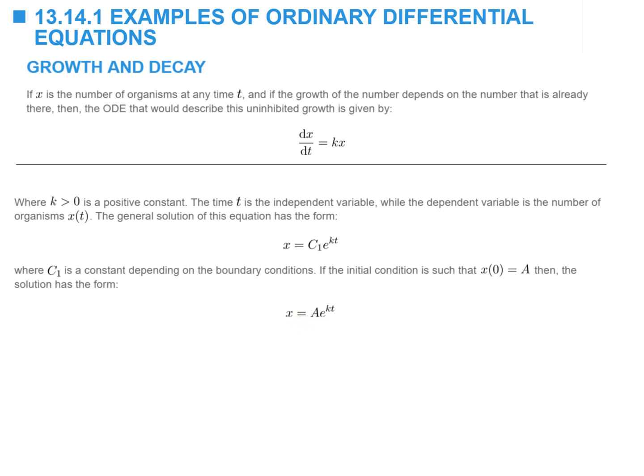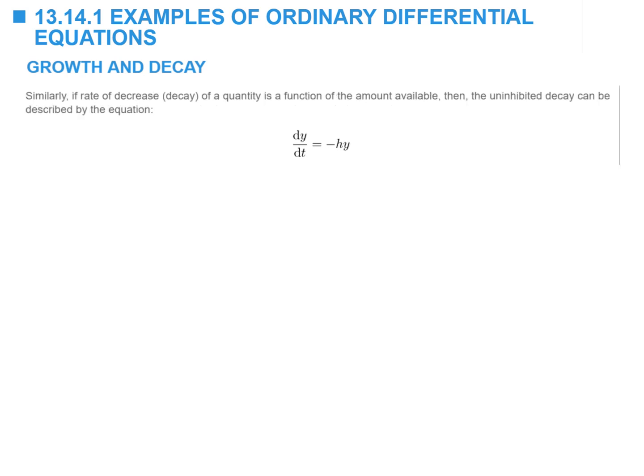Decay as well: if a quantity decreases as a function of time, and as a function of how much there is already, that is called the decay equation, and the equation is given by the speed dy by dt is equal to negative a positive constant h multiplied by the quantity itself y.